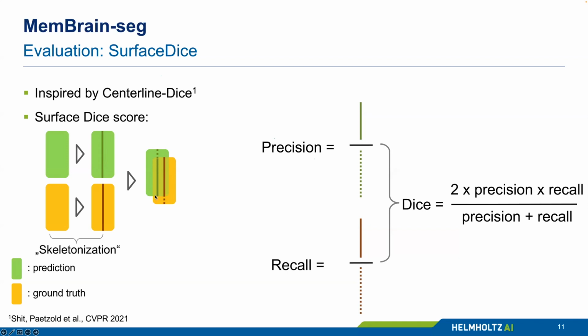And for this prediction skeleton, for the green skeleton, we look at what is the fraction of this green skeleton that lies also within the ground truth, giving us this solid line here, whereas the full line is the dotted line. And then we compute this fraction. So what is the percentage of the skeleton that is basically correct? And the same for the recall. And then we can compute the dice score with that.